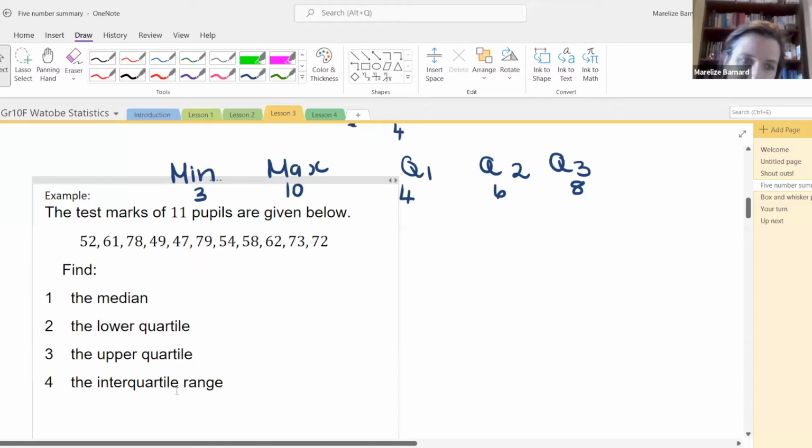Okay, so here's an example for you to do. Data sets given, find the median, the lower quartile, the upper quartile, and the interquartile range. Find that now. I'm going to give you till 5:20 to finish that question.